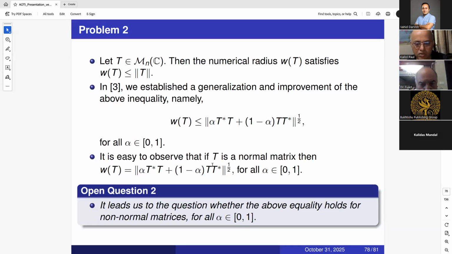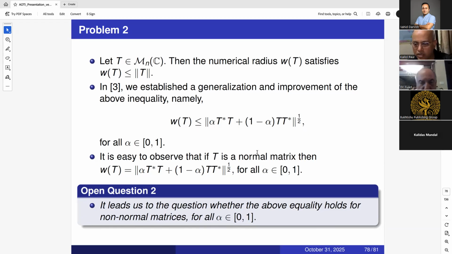Now, the question is whether this equality holds for non-normal matrices also, whether there will be a non-normal matrix for which w(T) will be equal to this. This is true for a normal matrix.